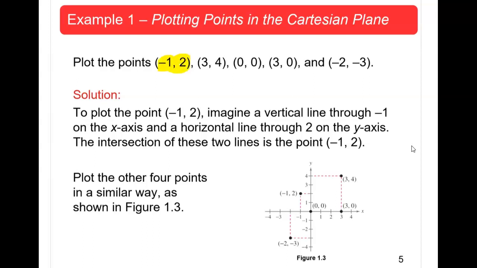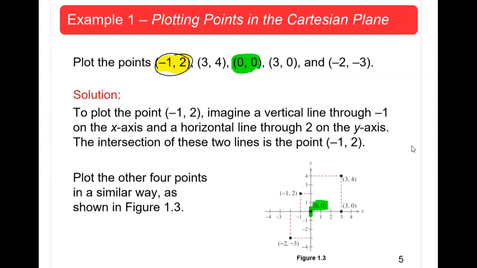And so we'll have -1. We will always start from the origin. In fact, let's graph the origin, which is here, 0, 0. Remember, that is the origin. Now for -1, 2, we go -1 in the horizontal direction and then 2 in the vertical direction.